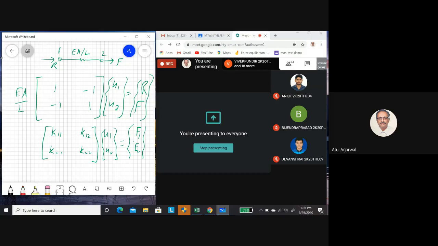And the self force is K22 into U2 coming on node 2. So every nodal displacement causes a force on itself as well as on other nodes.